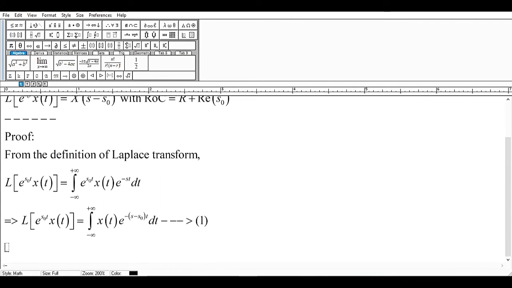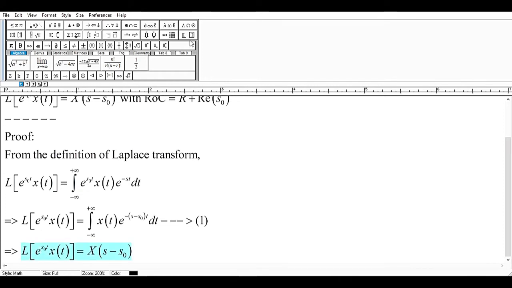Now from the definition of Laplace transform, equation 1 represents X(s minus s0). Therefore, Laplace of e^(s0 t) x(t) will be X(s minus s0).